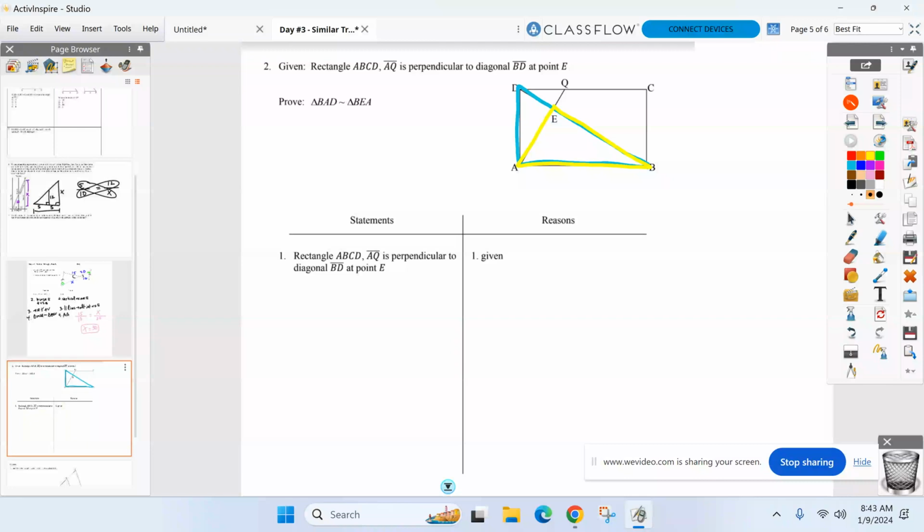Okay, once you have them highlighted, start looking for angles because we need to prove them similar. Start looking for pairs of angles that might be congruent. I don't care about sides. Don't give me sides.